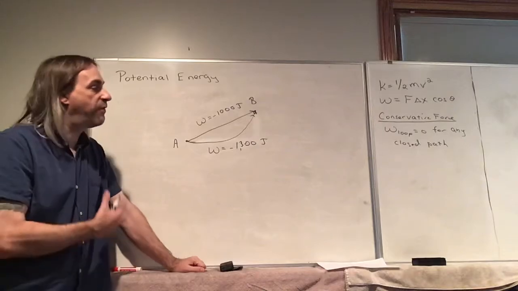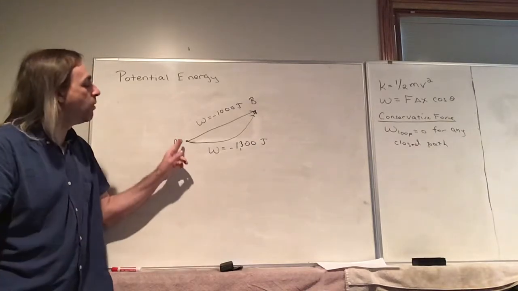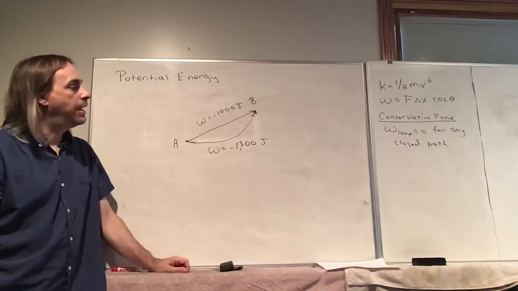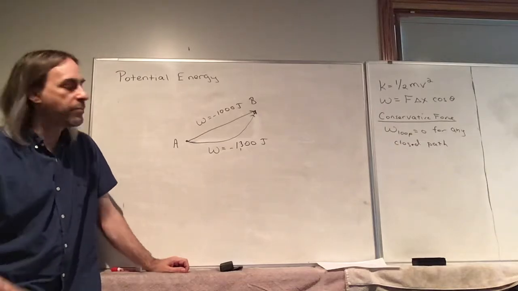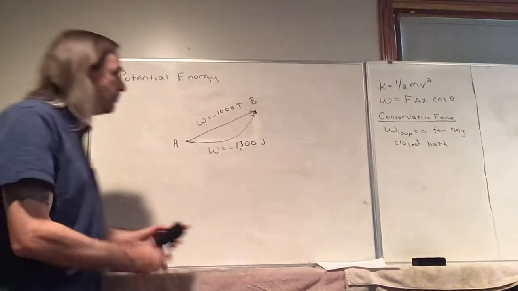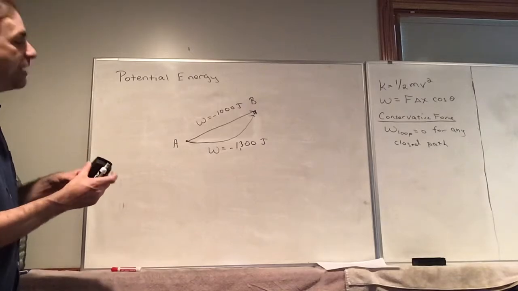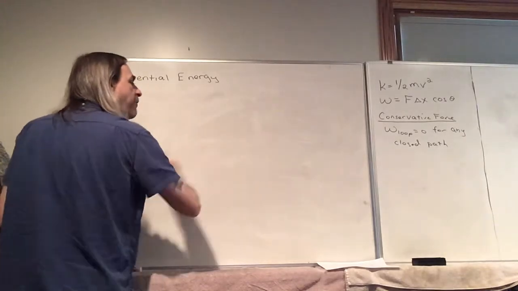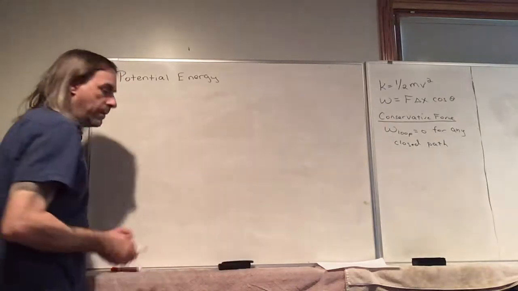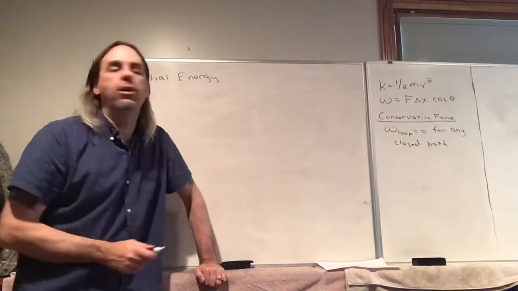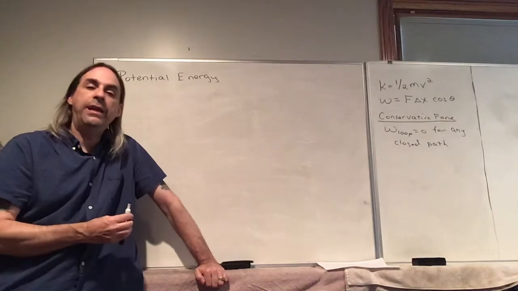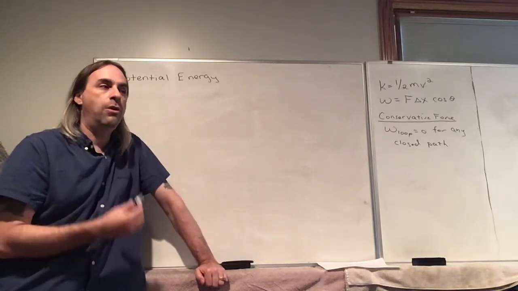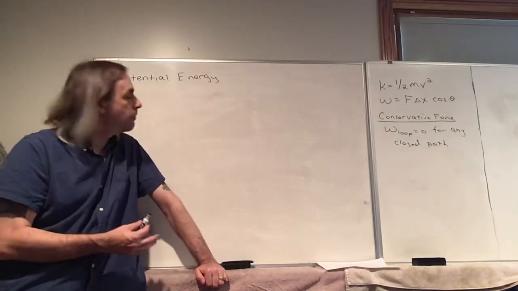But for a conservative force, it does not. It only depends on the starting and ending points. And so we can define a potential energy function, which is a function of position. A potential energy function is associated with a conservative force, and it only depends on location.